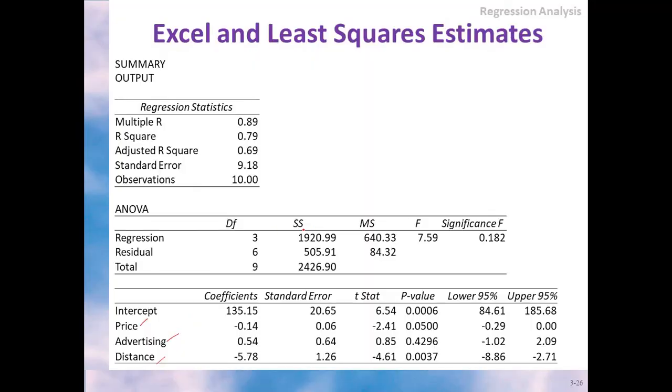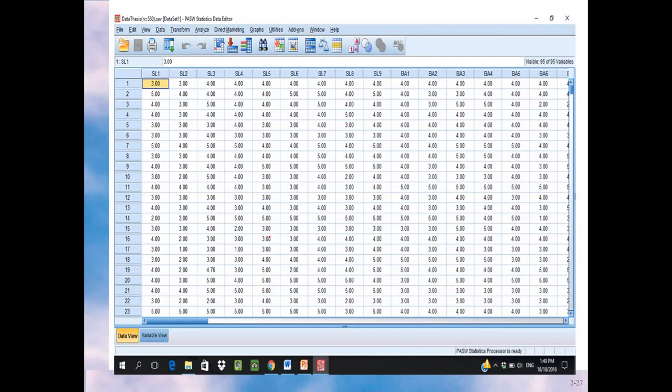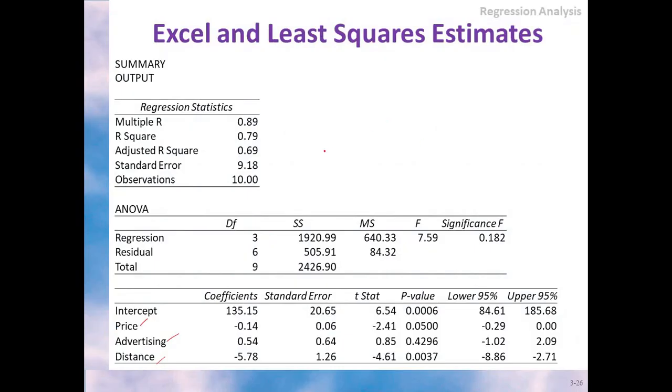Wait. It should appear here. If you look into this result, you can write the function where Qx equals the intercept, our constant, 135.15, and then we have the price, negative 0.414 Px, and then we have advertising, plus 0.54.